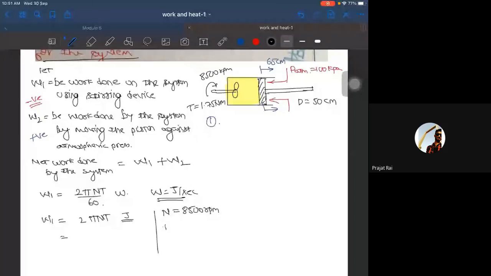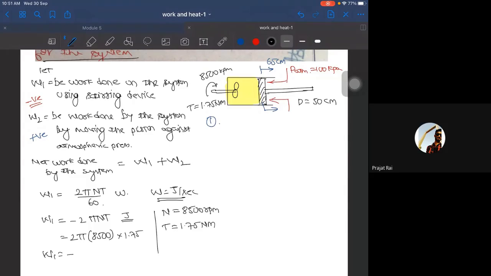That's great. Next, torque. What is the value of torque given? 1.75 Newton meter. So both the things are given. Just substitute and give me the value. 2 pi into N, which is 8,500, into torque, which is 1.75 Newton meter. So the value of W1 would be negative. Keep this in mind.